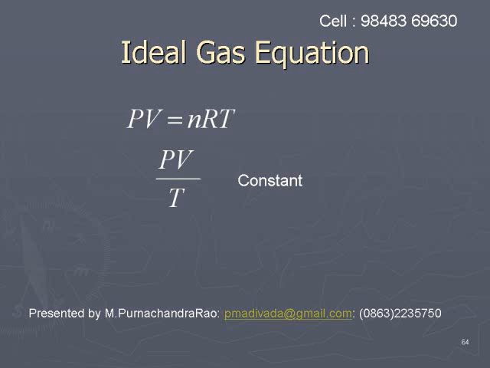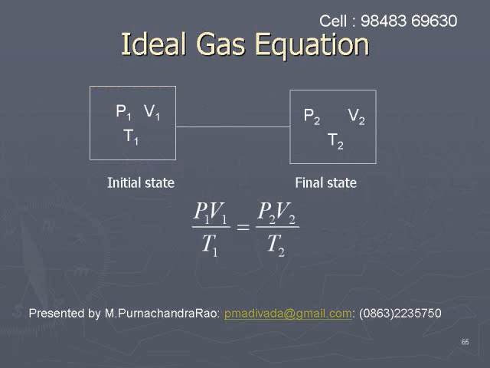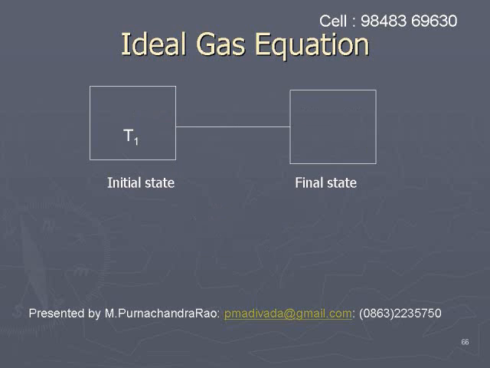Ideal gas equation. Actually, it is PV is equal to nRT. Let us derive this relation. Let us take a gas whose initial state is P1 V1 T1. That is, we are taking a gas at a temperature T1. Its pressure is P1 when volume is V1. Similarly, when this gas is heated to temperature T2, its pressure is P2 and volume is V2.